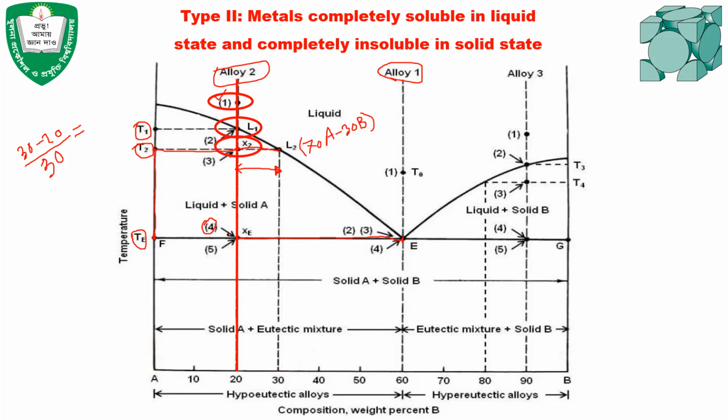That indicates that at point 4, just before the eutectic temperature, the chemical composition of solid is still 100% A, and the chemical composition of liquid is how much? We can read the chemical composition of liquid from the liquidus line, right? Yes, sir. So in this case, the chemical composition of liquid will be 60B 30A. Did you understand this?